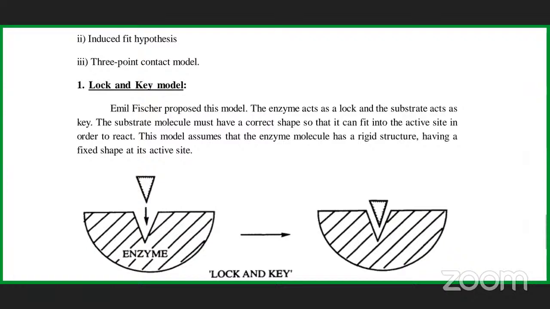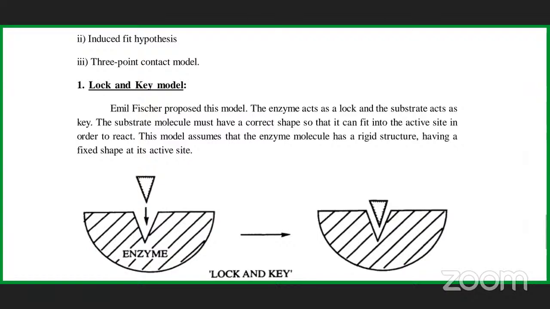This model was proposed because at that time they assumed that the enzyme molecule at the receptor active site is a rigid structure having a fixed shape.